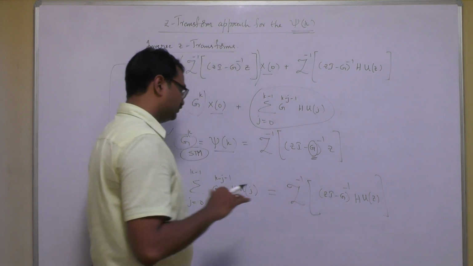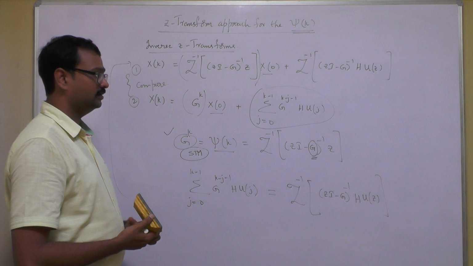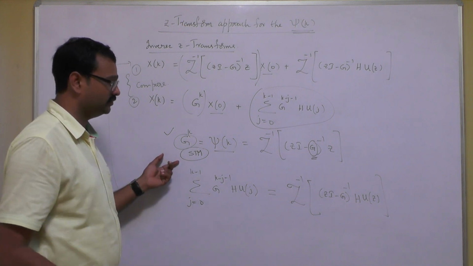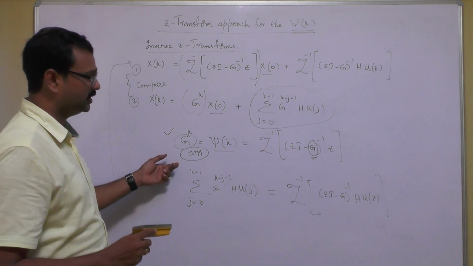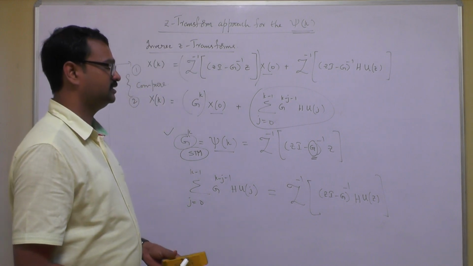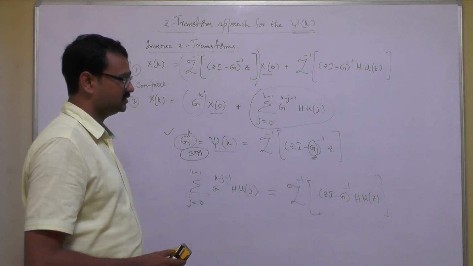It is invariant with respect to all the other matrices, that is the input matrix, the output matrix, and the direct transmission matrix, that is H, C and D matrices. It is dependent only on the G matrix, that is the system matrix.